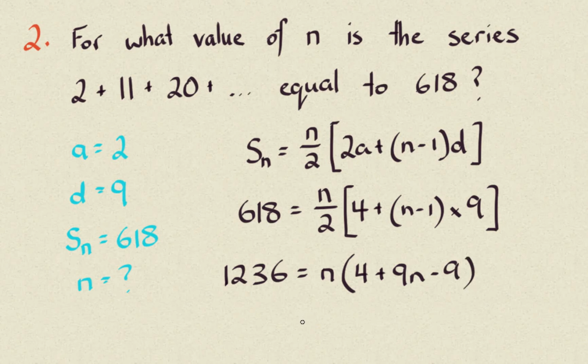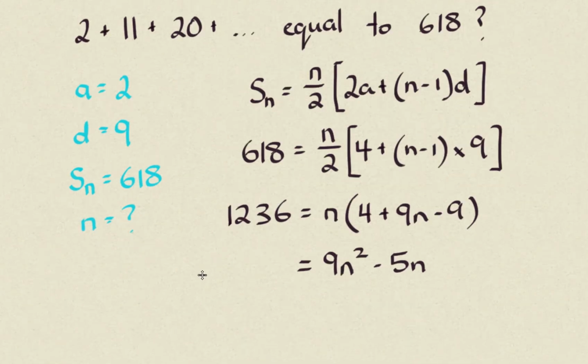Okay, now if we tidy this up, so 9n minus 5, but also let's multiply this n out the front. So we have 9n squared, right? 9n squared, and minus 5 times n.